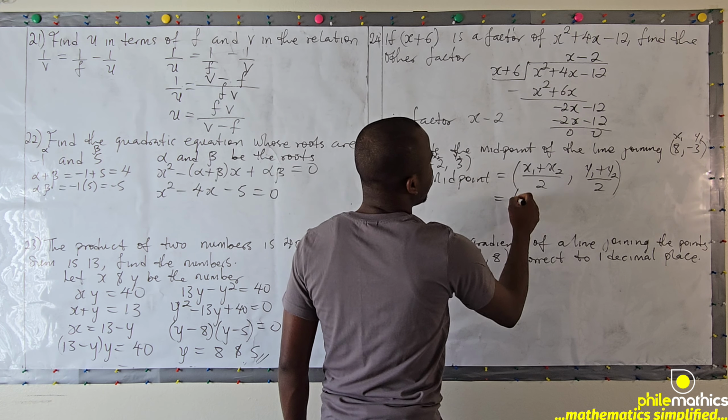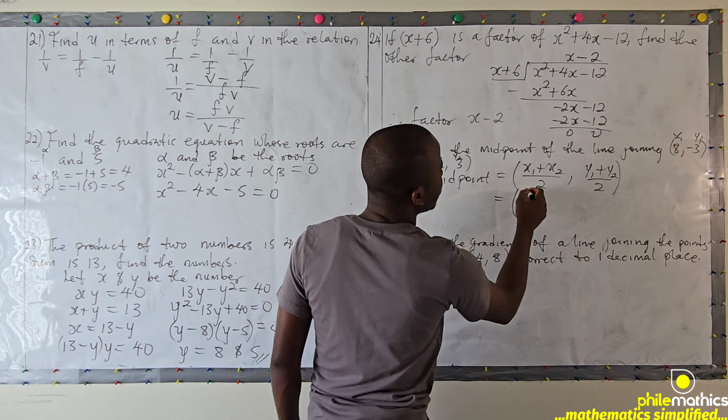So if we substitute, x1 is 8, x2 is minus 2, y1 is minus 3, y2 is 3. 8 minus 2 is 6 over 2 is 3. Minus 3 plus 3 is 0 over 2 is 0.